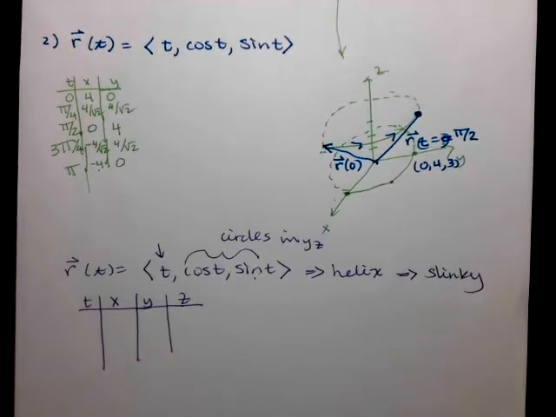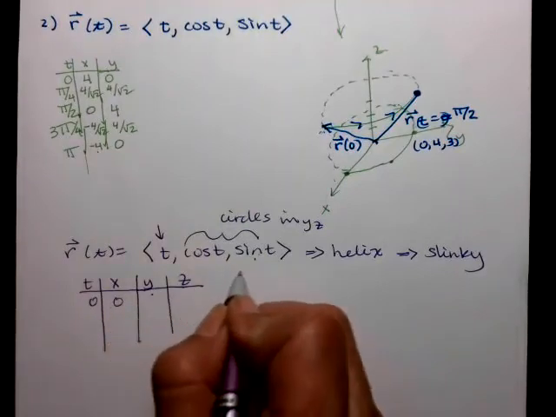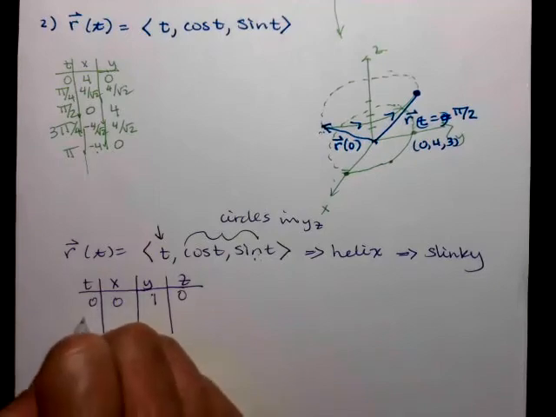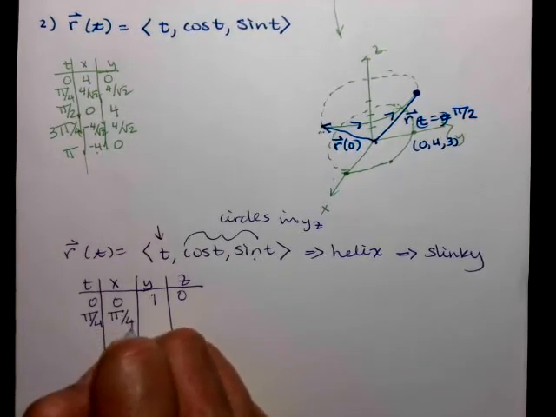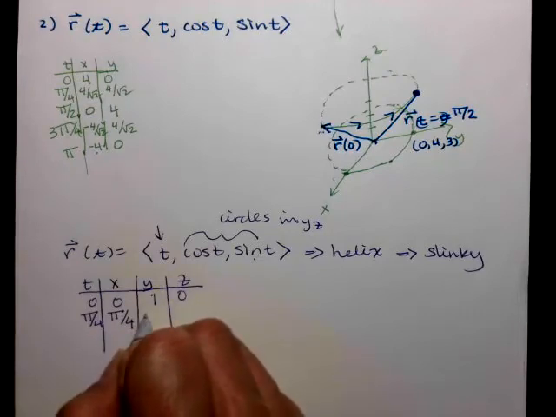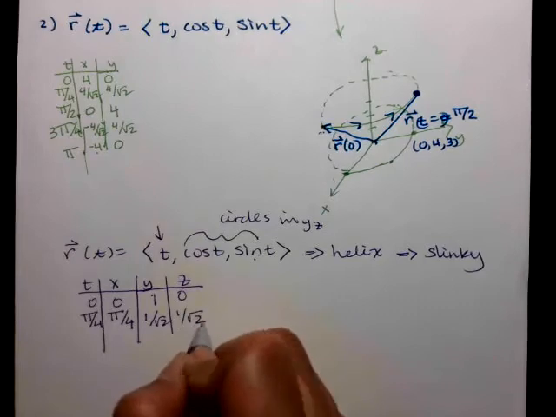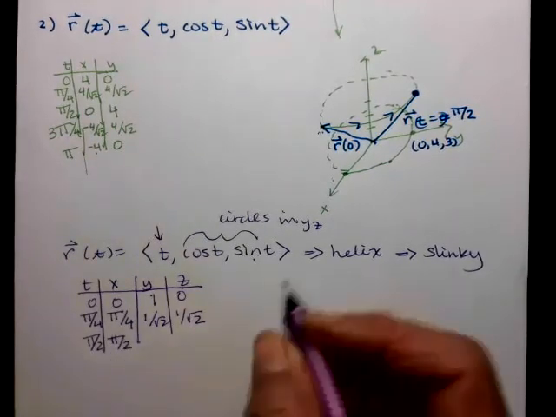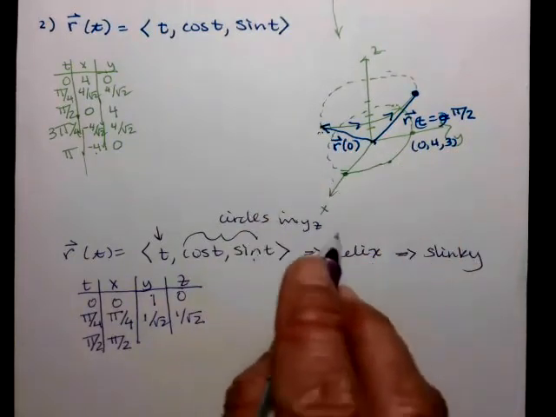It's a helix. Okay. So if t is 0, x is 0, cosine of 0 is 1, sine of 0 is 0. If we go out to pi fourths, x is moving along at pi fourths, cosine of pi fourths, 1 over root 2, sine of pi fourths, 1 over root 2. At pi halves, x is moving along, pi halves, so we're marching out the x-axis as this circle is spiraling along.